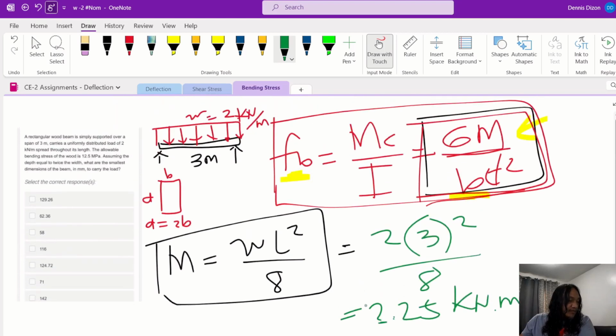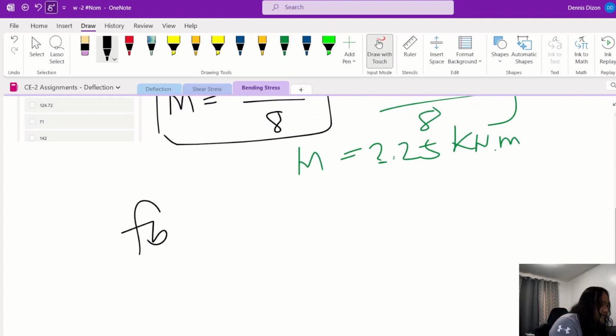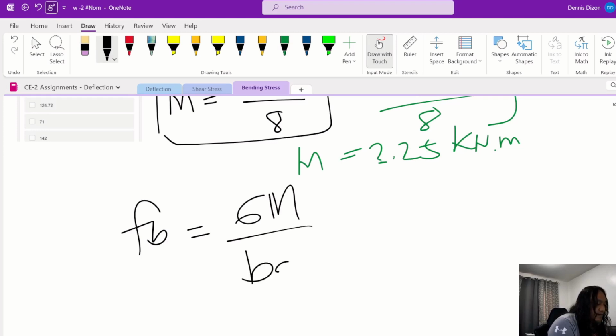Now we will substitute this value of M to this equation. Our equation again is fb equals 6M over bd squared.